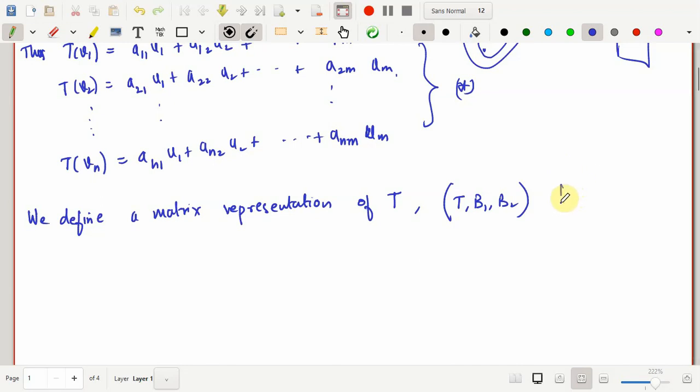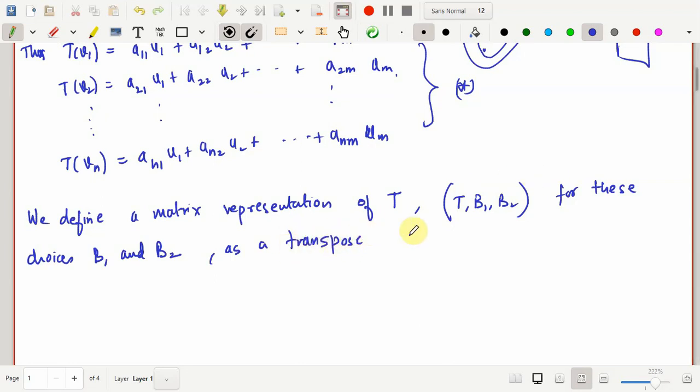Now this is for this choice of basis B1 and B2. So you need to be alert here. If you change the basis, then definitely your matrix representation will change. This is the notation, okay?